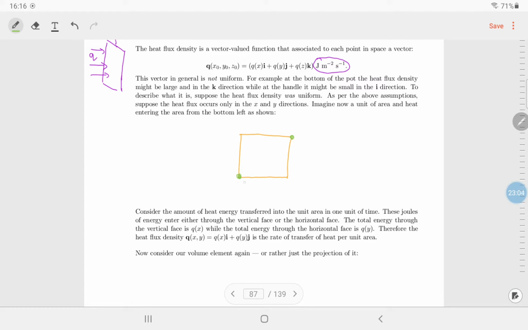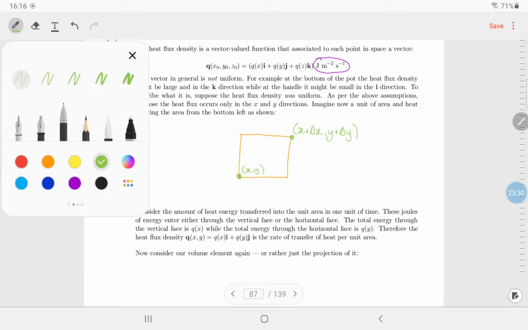So this is going to have coordinates x, y, and this is x plus delta x, y plus delta y, because it's up in the y as well.